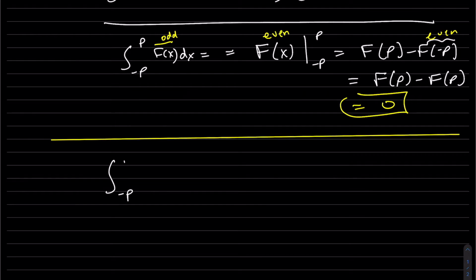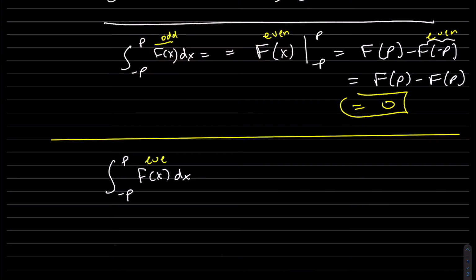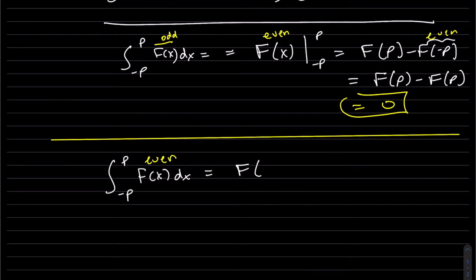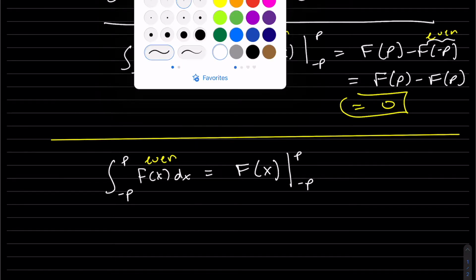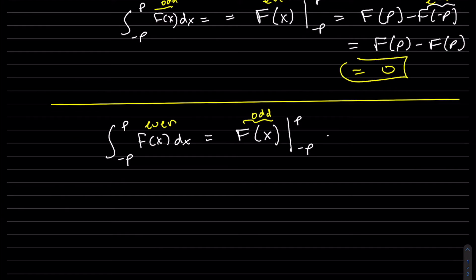And we can do the same thing, integrate from minus p to p of a function that is even. Do it in general. We get f, the antiderivative, evaluated from minus p to p. We get odd, and we get f of p minus f of minus p.